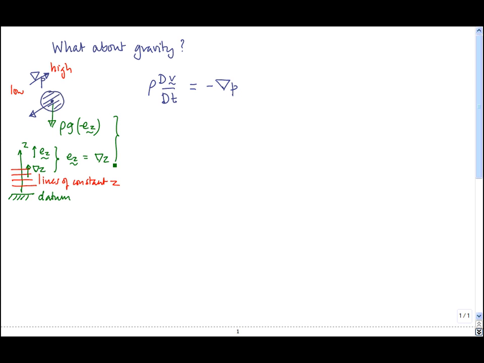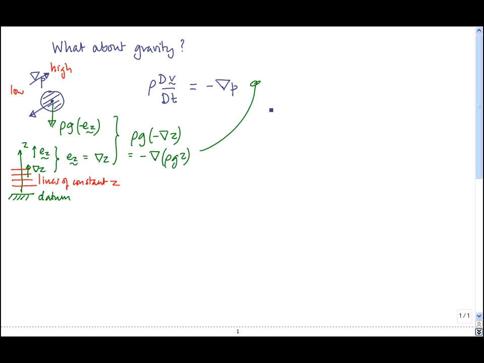And putting these two things together, we see that the force due to gravity is rho g times minus grad z, and because rho and g are uniform and constant, we get that that's equal to minus grad of rho g z.